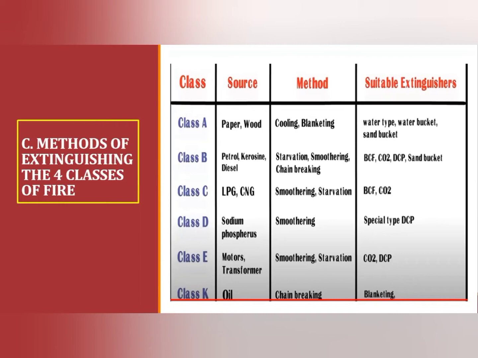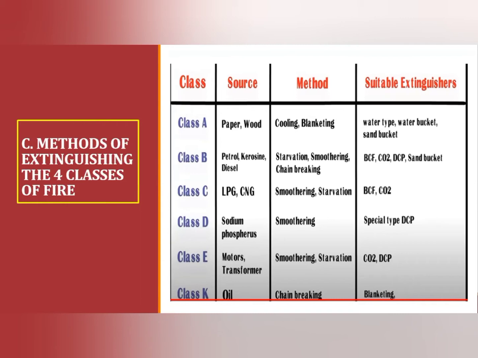Next is the class E fires. The method that you can make use of is smothering and starvation. Make use of the carbon dioxide and the DCP.